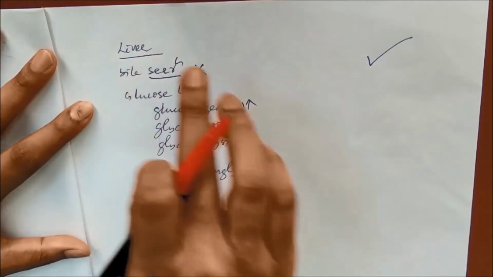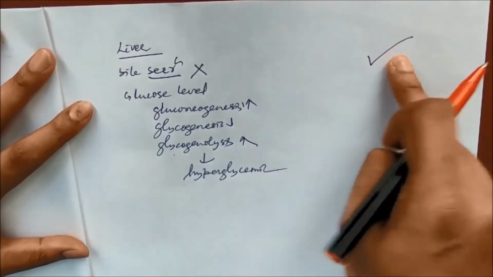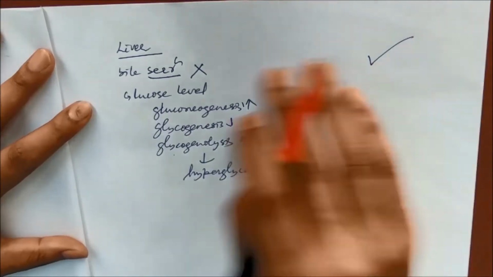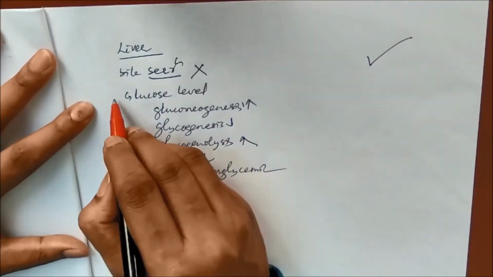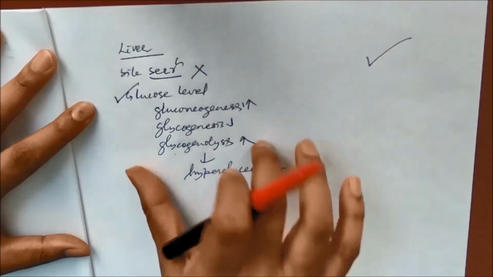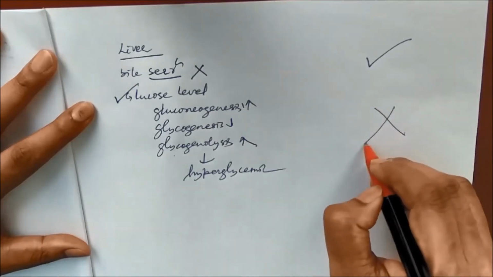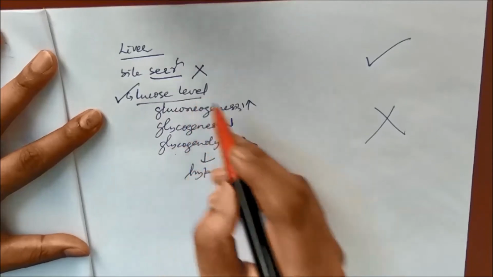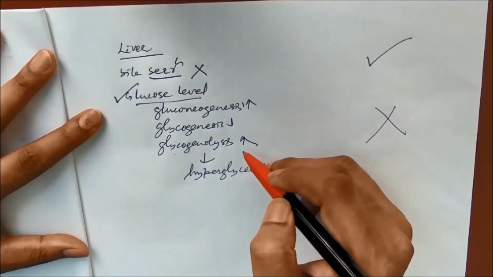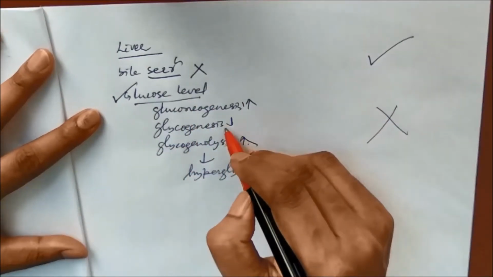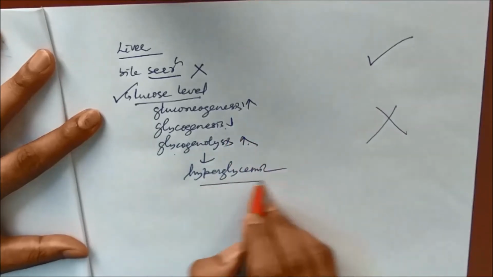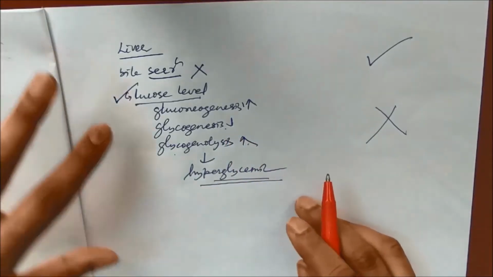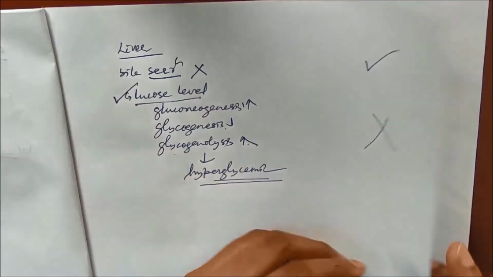Okay, bile secretion is only parasympathetic, not sympathetic. However, glucose level is regulated by only sympathetic, no parasympathetic. And by increasing gluconeogenesis, glycogenolysis, and decreasing glycogenesis, there will be hyperglycemia. So hyperglycemia is a sympathetic action.